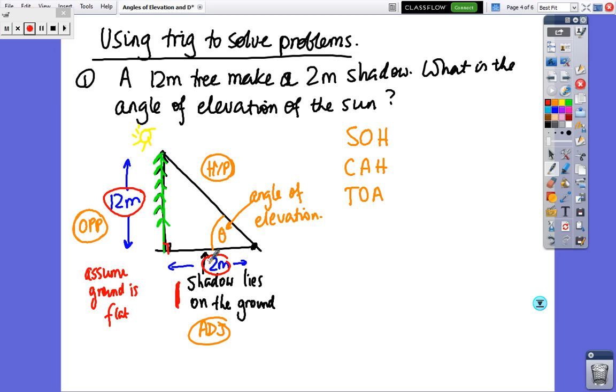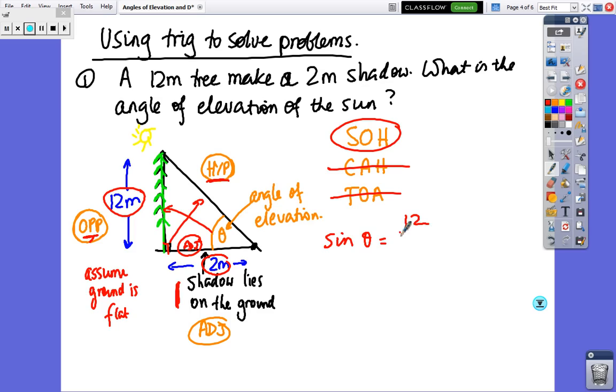So basically label the sides. We've got the hypotenuse, the opposite, and the last side is the adjacent. Looking at the ratios, if we don't have the adjacent, we can't use cos and we can't use tan, so we're looking at the sine. So the sine ratio is sine theta equals the opposite over the adjacent.